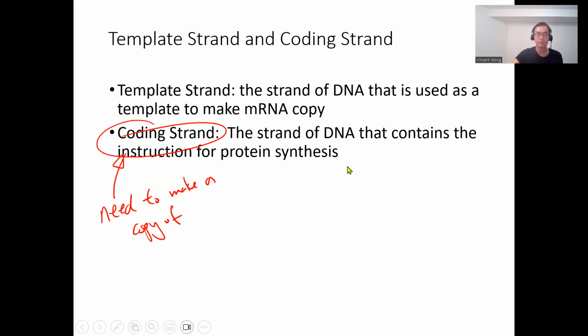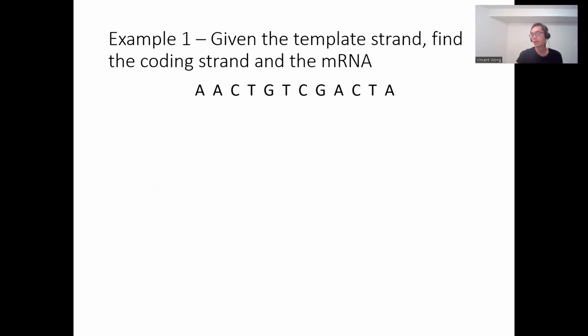Hopefully you get all that. Let's do a practice question. Given the template strand, see, I have to tell you what you're looking at. This is the template strand. Find the coding strand and the mRNA.